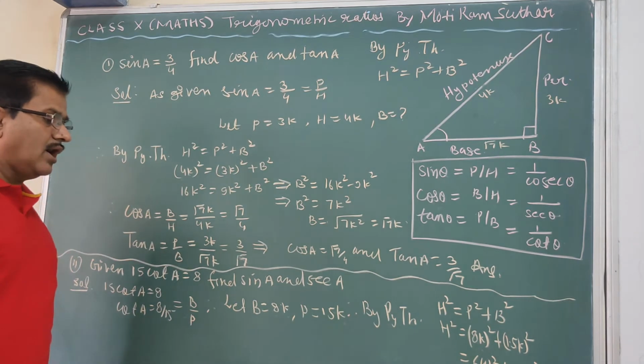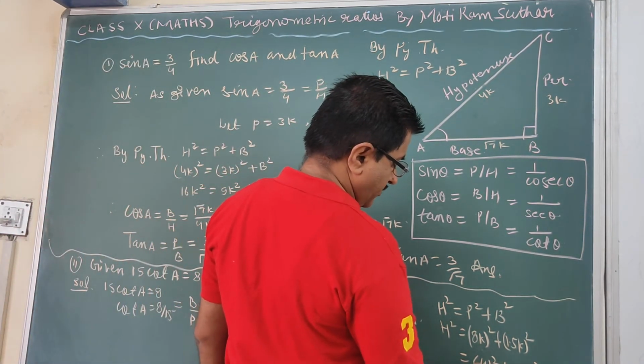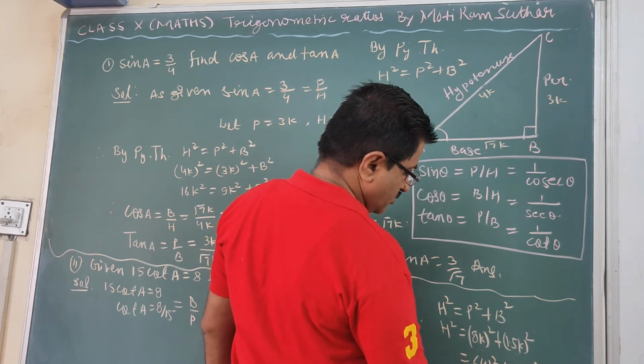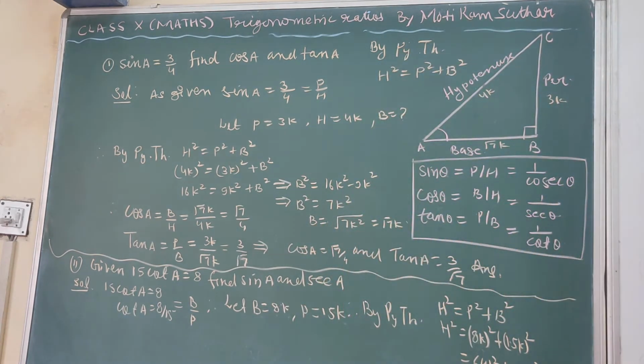Clear? So now add these two. So what we get? 5 and 4, 9, 6 and 2, 8, so 289k square. Clear?